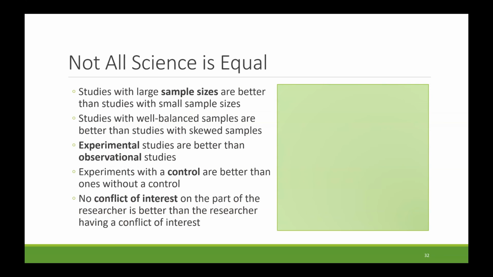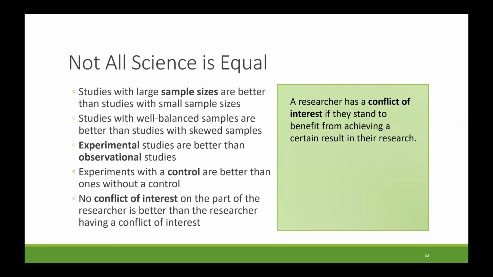The last item on our list of features of good quality science is that studies where the researcher has no conflict of interest are better than studies where the researcher does have a conflict of interest. A conflict of interest is defined as a situation where the researcher stands to benefit from achieving a certain result in their research.